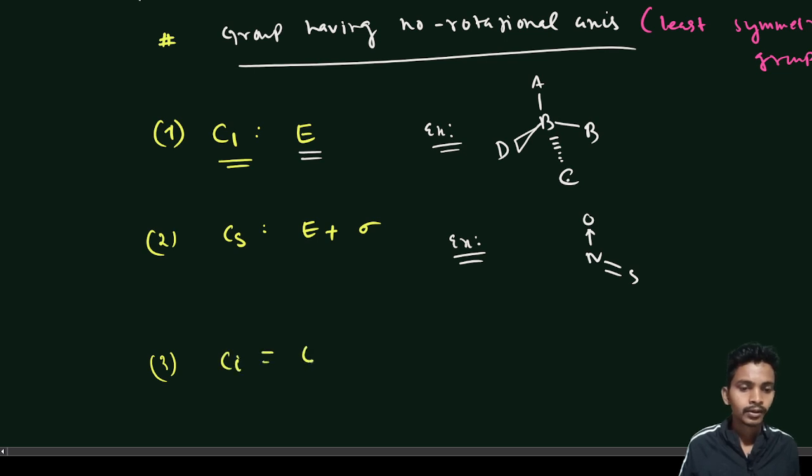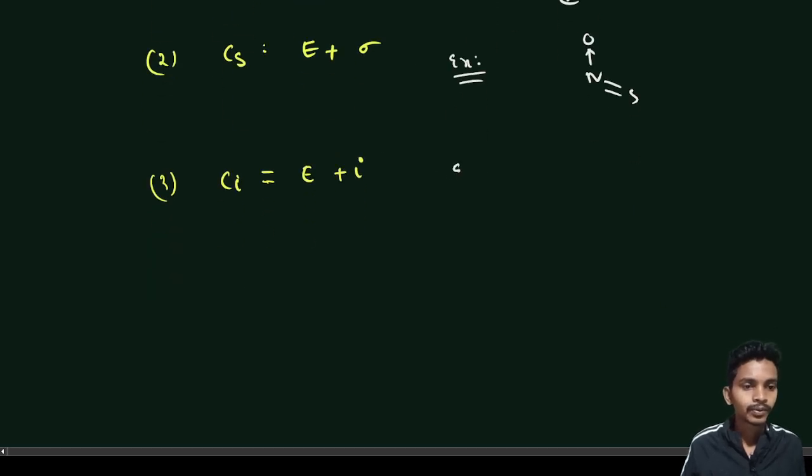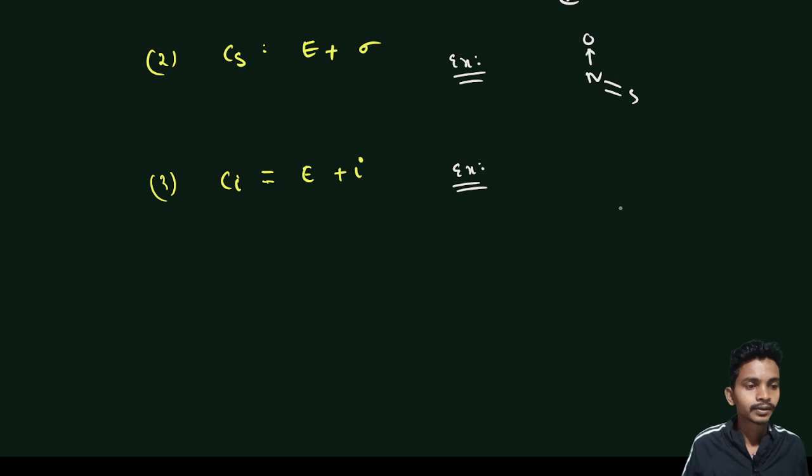If I talk about examples, then we can talk like here any F is there, F, H, H, C, F and Cl.